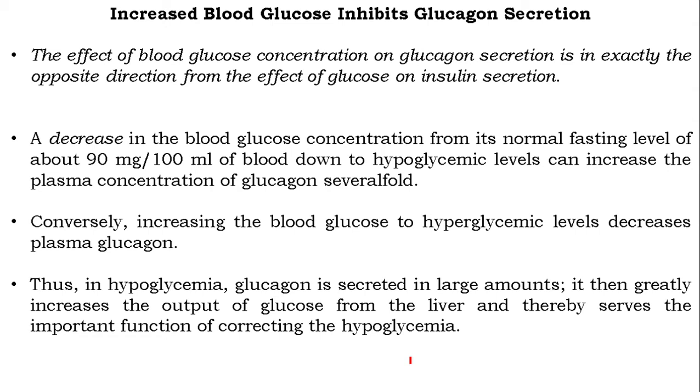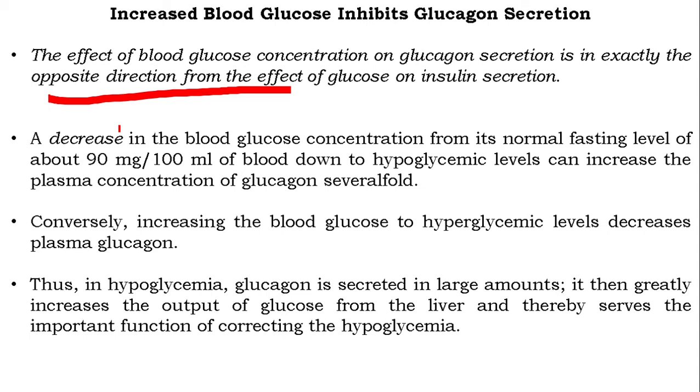And once we get increased blood glucose concentration, for example, after a meal, this increased blood glucose concentration inhibits glucagon secretion. The effect of blood glucose concentration on glucagon secretion is just opposite to that of insulin. We know that insulin and glucagon are antagonistic in function, which means they function in opposite directions.